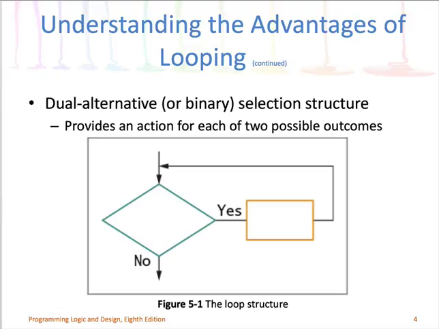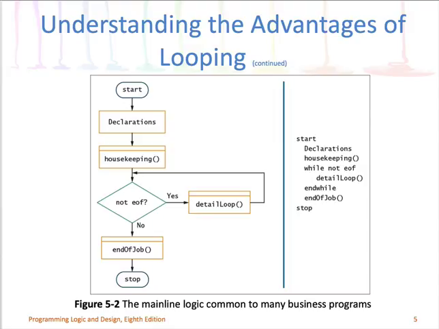If the answer is yes or true, you're going to execute some block of code, and then go back to the decision point and ask the same question. While the same question is true, you keep looping through that loop to the right for the true or yes condition. That's when you're going to have a loop, when you have a flow chart that looks like this.